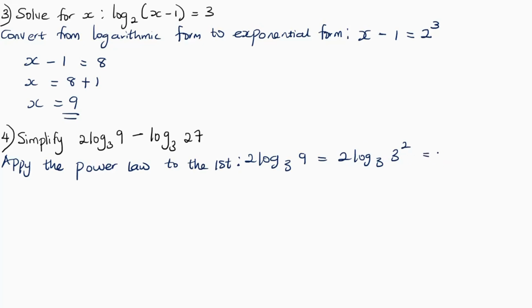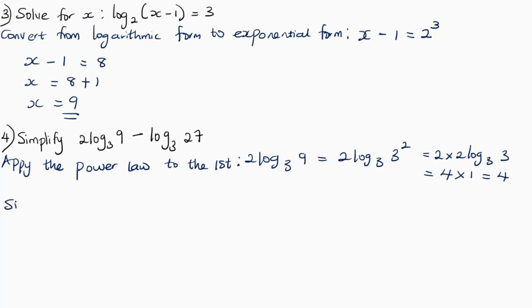Applying the power law, this is going to become 2 times 2 log 3 of 3, which gives us 2 times 2, 4 log 3 of 3. That is, the logarithm of the base is always 1, which is equal to 4.